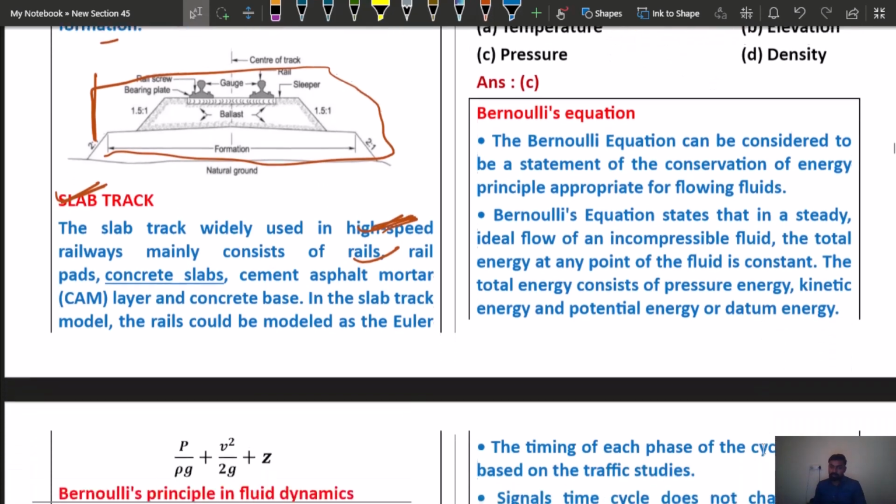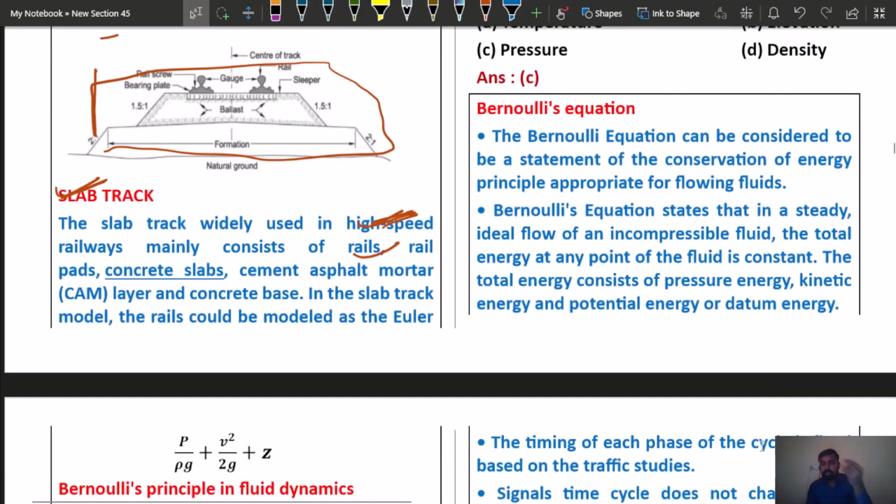What is Bernoulli equation? Bernoulli equation is based on the conservation of energy principle. This equation states that in a steady ideal fluid, an incompressible fluid, the total energy at any point of the fluid is constant.